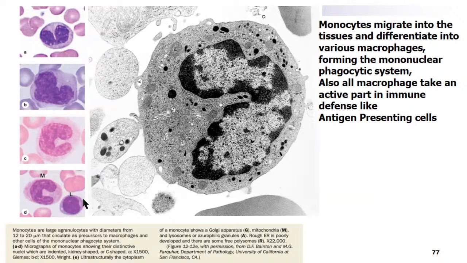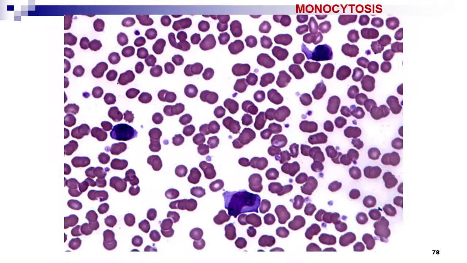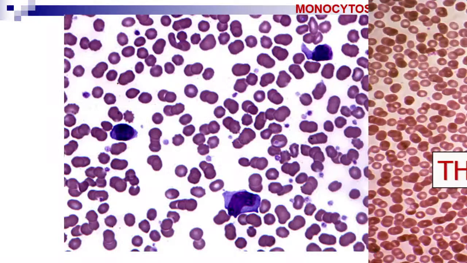The granules ordinarily contain acid phosphatase, because they are very active in phagocytosis. Antigen presenting is the main function of these cells in the immune response. And monocytosis is a pathological effect.